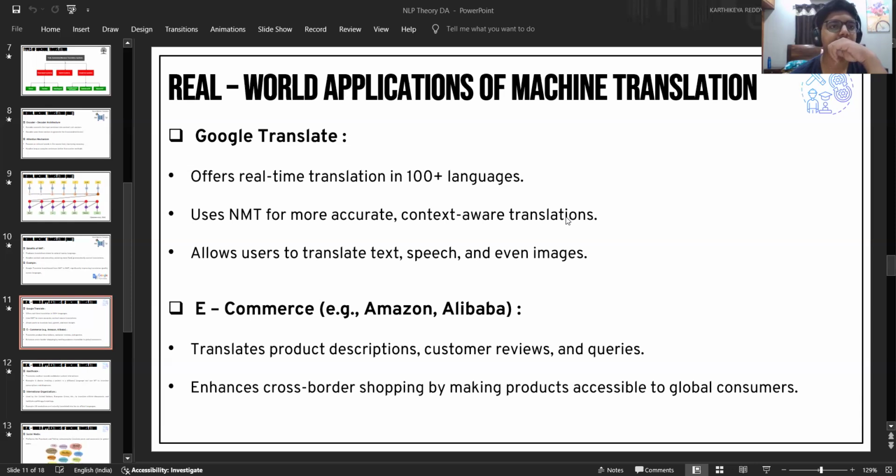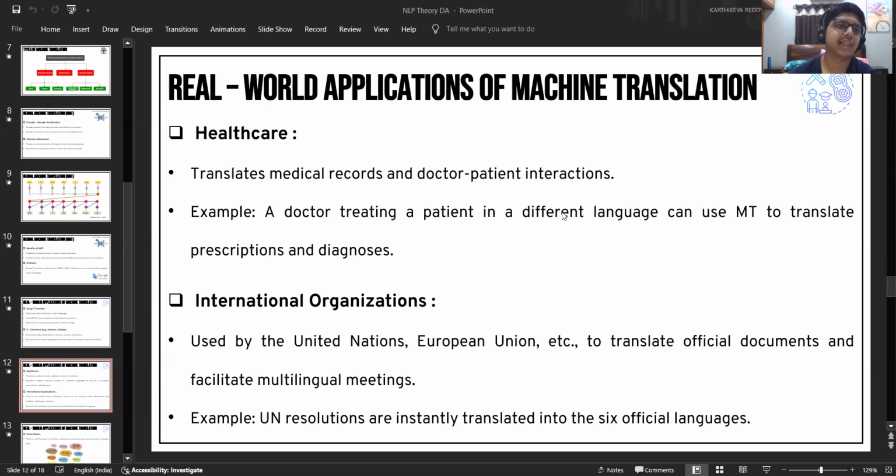So, some of the other real-world applications of machine translation include e-commerce, such as Amazon and Alibaba, which use machine translation to translate product descriptions, customer reviews, and queries, thereby enhancing the cross-border shopping experience, which ultimately improves customer satisfaction. One other sector is healthcare, where MT is used to translate medical records and doctor-patient interactions, which is invaluable in multilingual settings.